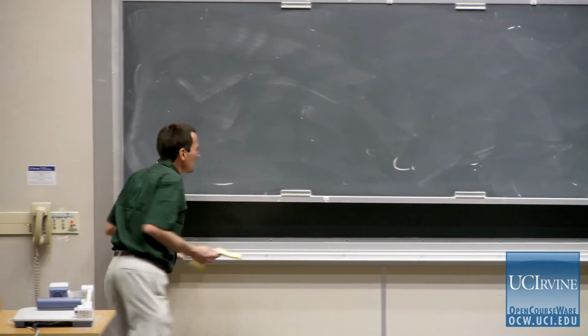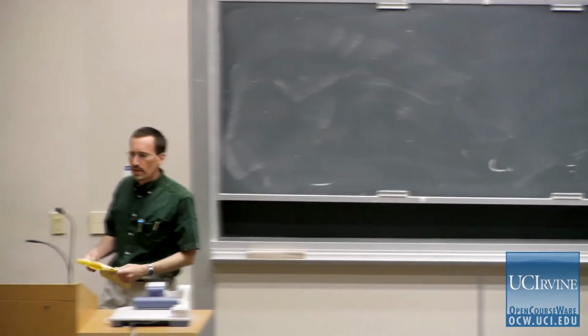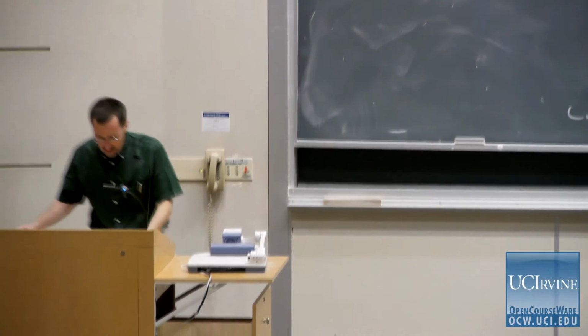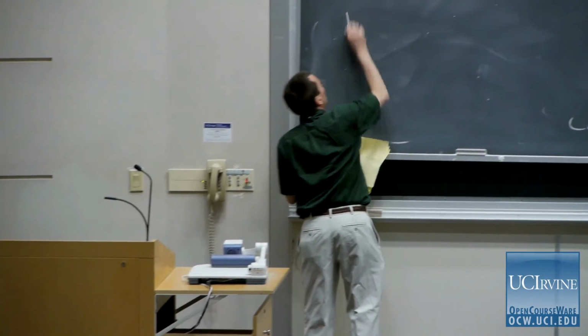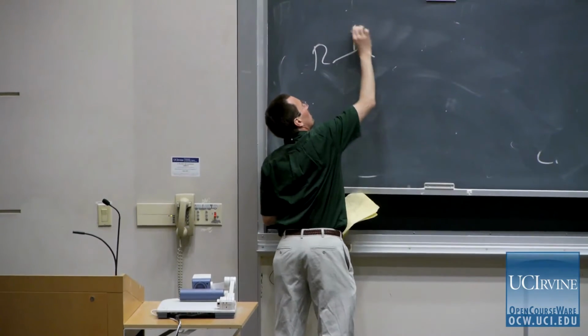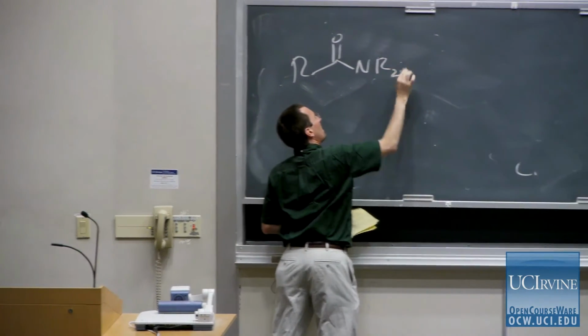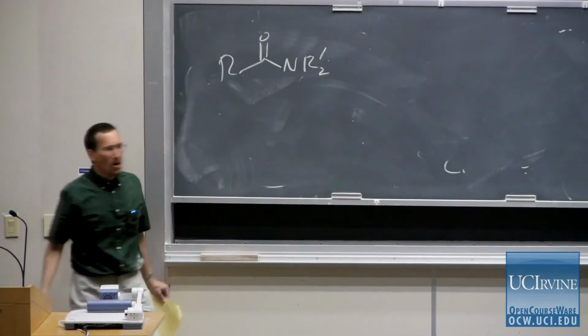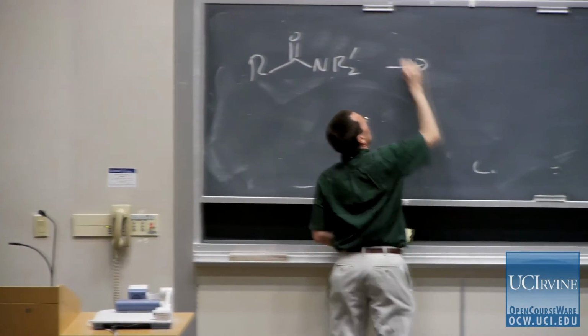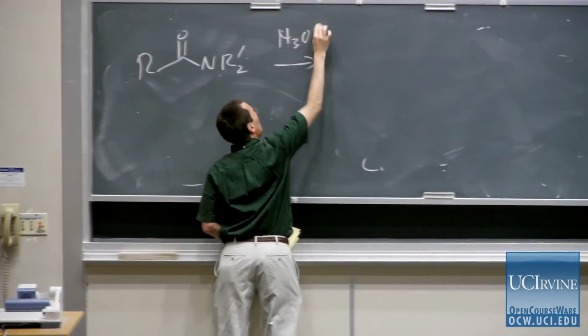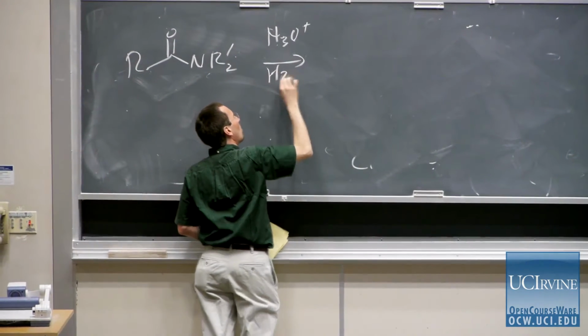All right, just as esters can be hydrolyzed by aqueous acid, amides can be hydrolyzed by aqueous acid, and nitriles can be hydrolyzed by aqueous acid. If I take some amide, I'll write this as RCONR2', and I cook it up with acid, H3O+ and water.